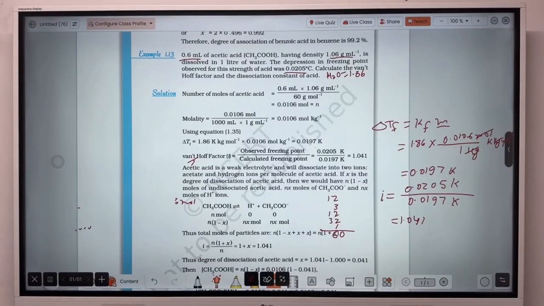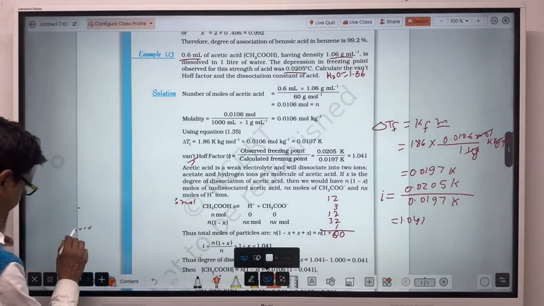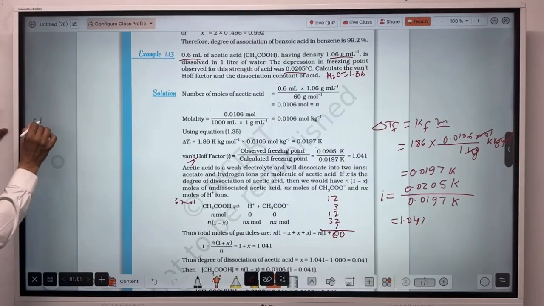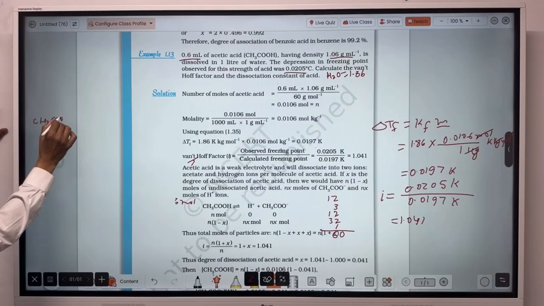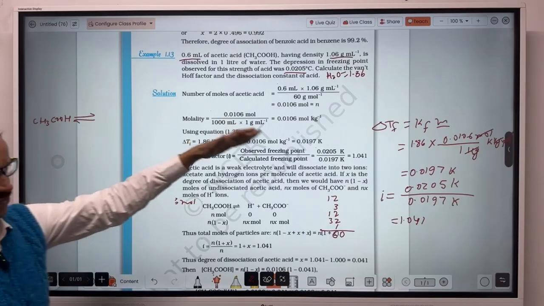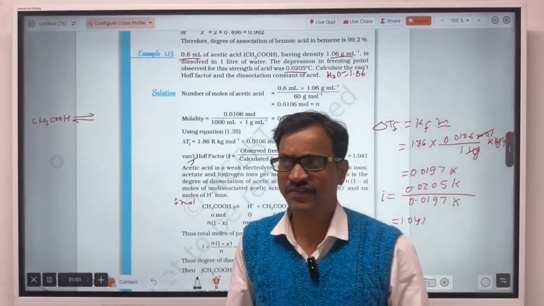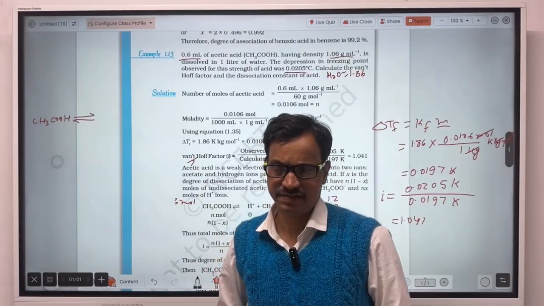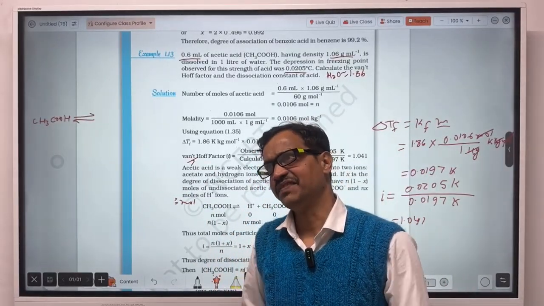Now you will have to calculate the dissociation constant of the acid. So let's see here carefully. Watch out for this one carefully. Benzoic acid. First of all, I am telling you how to solve this question, and after that I shall tell you why change in degrees Celsius is equal to change in Kelvin.